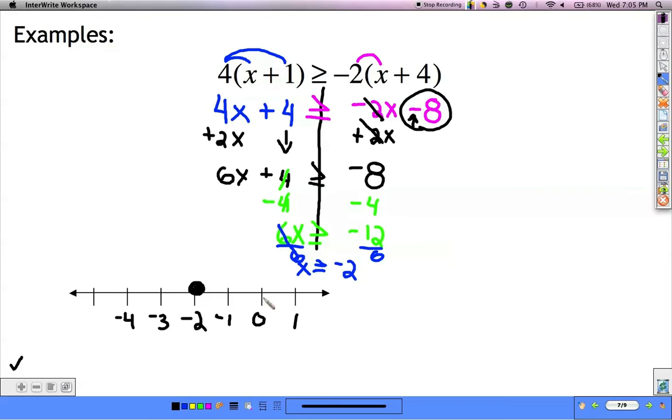If you remember our little trick, if there's extra ink down here, we want to put extra ink in that circle because we want to include negative 2 as part of our solution set. We can cover all the values greater than negative 2, and since we have x set up on the left-hand side, we can follow our little arrow here, and that's the way we're going to go.